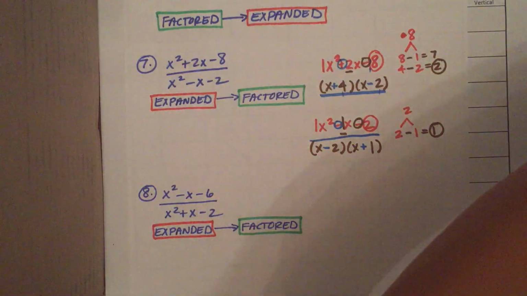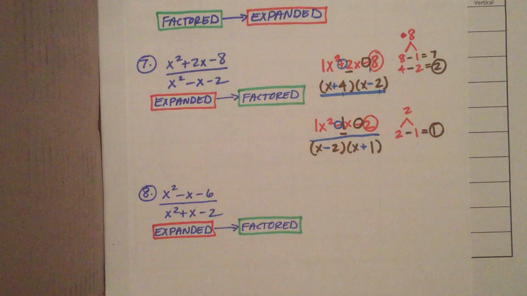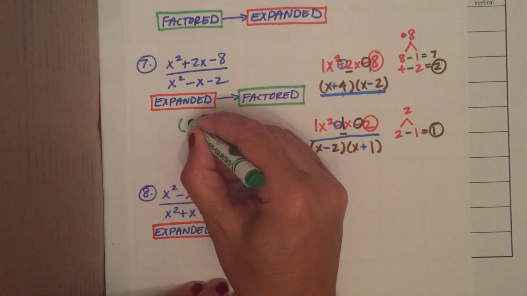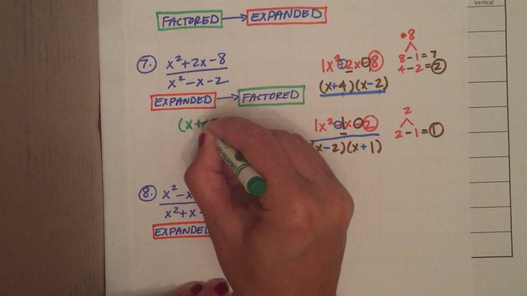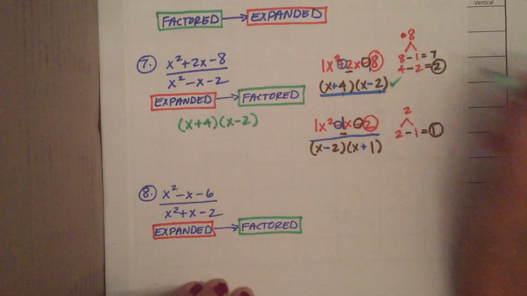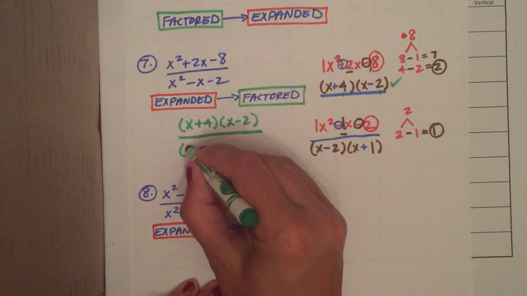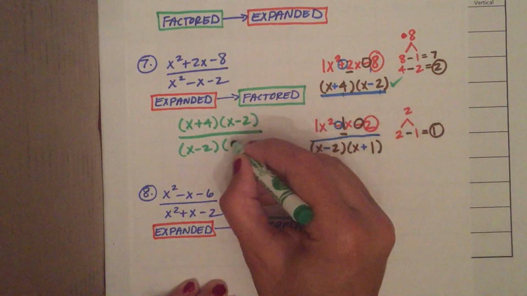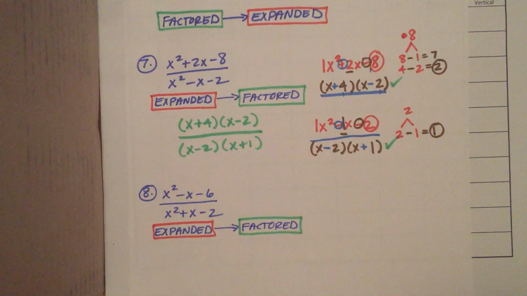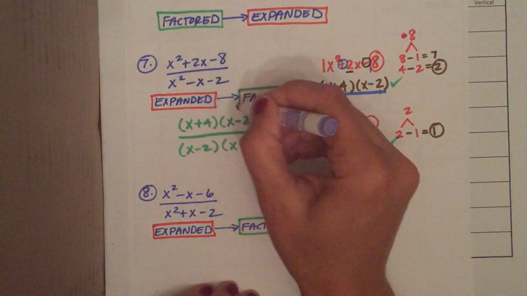So I'm going to combine them into my factored form. So my factored form for this function is going to be x plus 4 times x minus 2, that's your numerator, over x minus 2 times x plus 1, which is your denominator. I have now completed factored form for number 7.